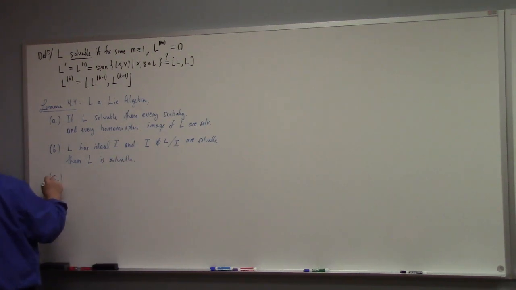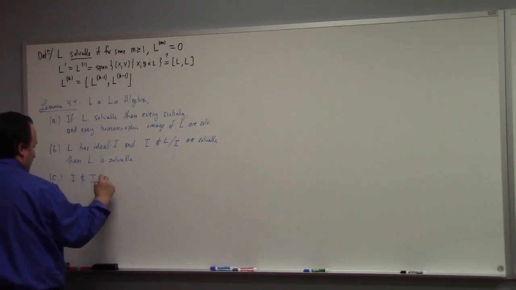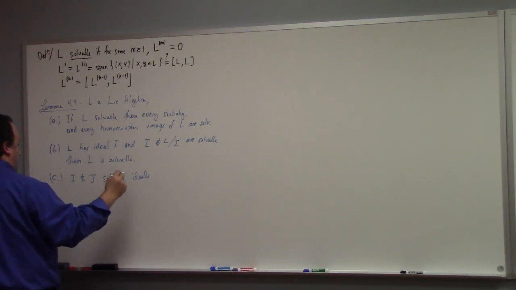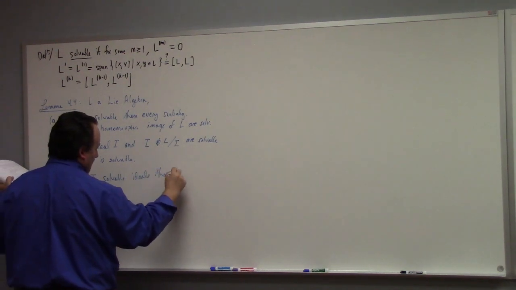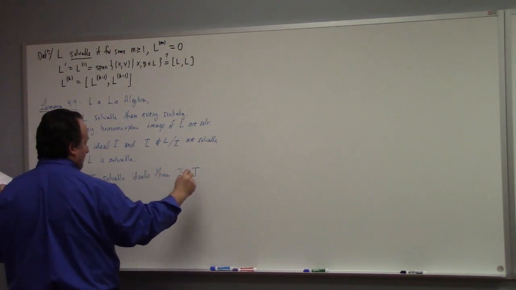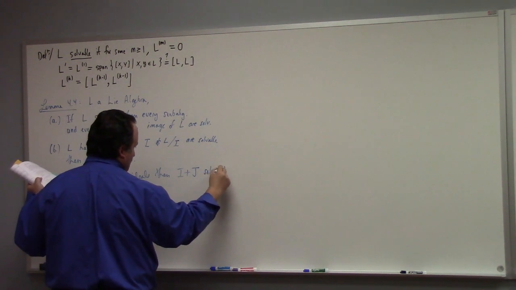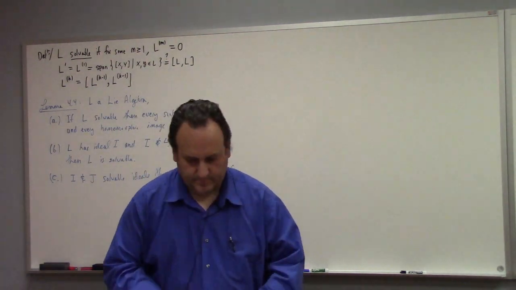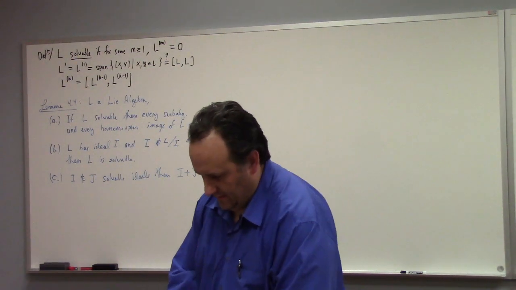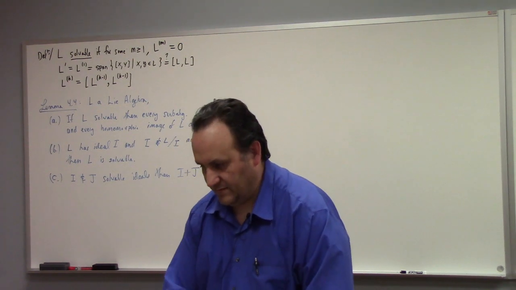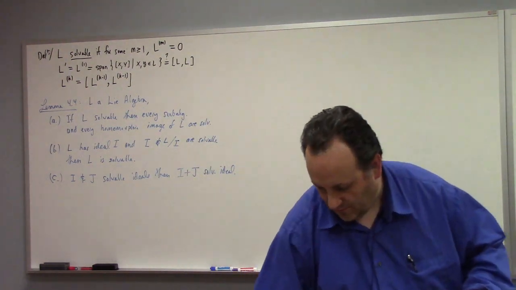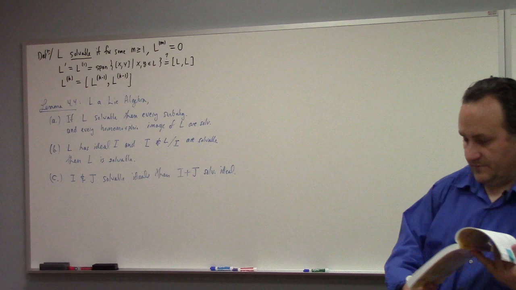(C) If I and J are solvable ideals, then I plus J is a solvable ideal. I think the proofs of these are worth looking at because they use some of the isomorphism theorems that we're interested in understanding more. So let's see here.